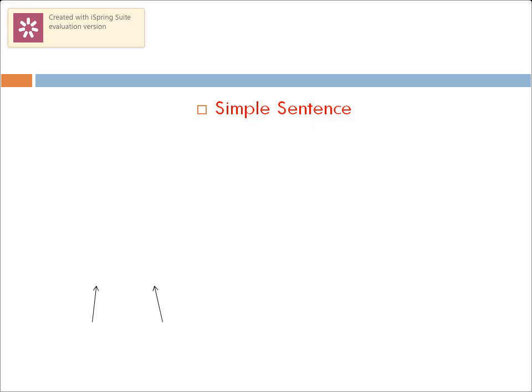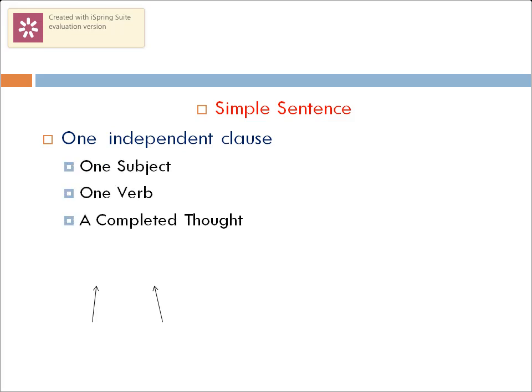Now let's straight away go into what is a simple sentence. Now a simple sentence contains one independent clause. That means it has one subject, it has one verb, and it has one complete thought.